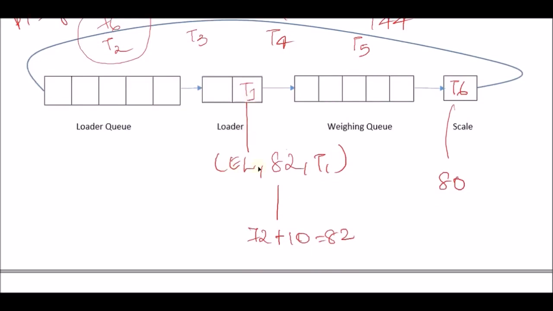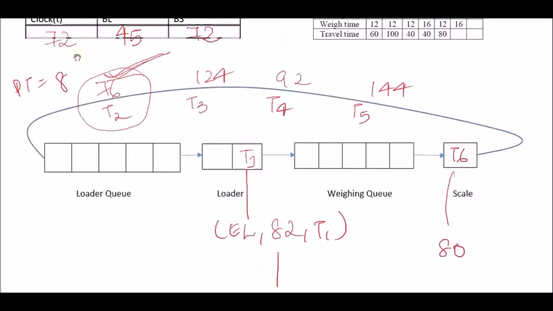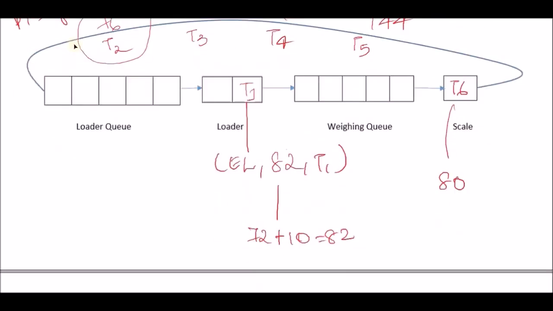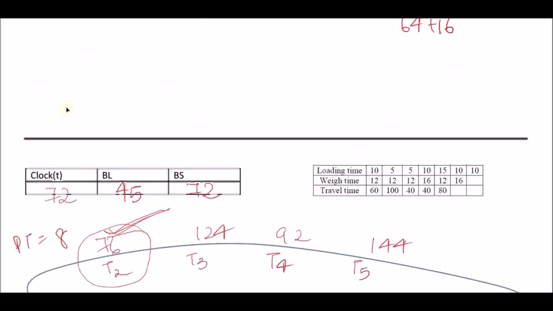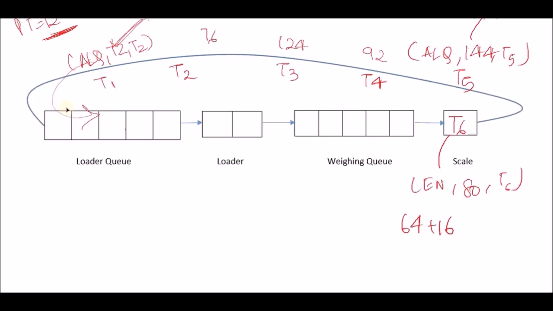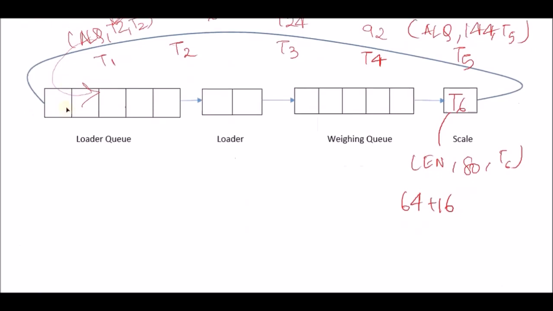So this is going to be the end of loading for T1. And how do we get 82? We get 82 because 72 plus 10 from the probability distribution table. So that's 82. Now to calculate BL and BS, the pass time is 8. And in the 8 minutes that we saw, the loader was again free and the scale was busy.